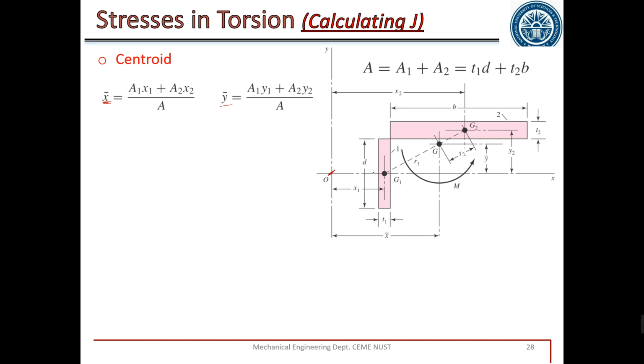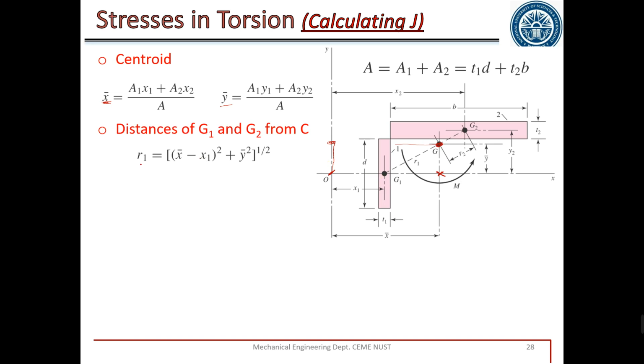Area 1 into x1, area 2 into x2 divided by sum of area will give us x bar, and this x bar will be distance of this G from this axis in x direction. So this is x bar. Similarly, calculating y bar will be in upward, vertical direction. So this is y bar. Joining the two points will give us G. Now we have centroid of this complete weld.